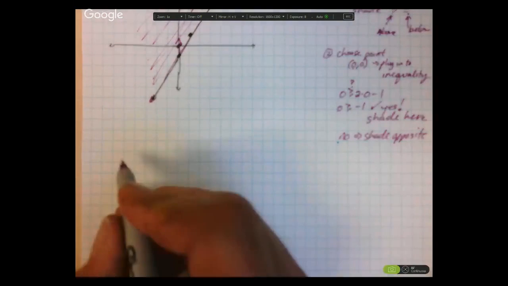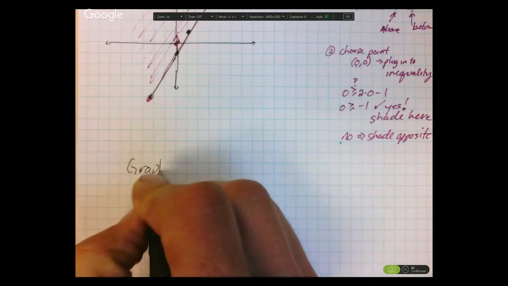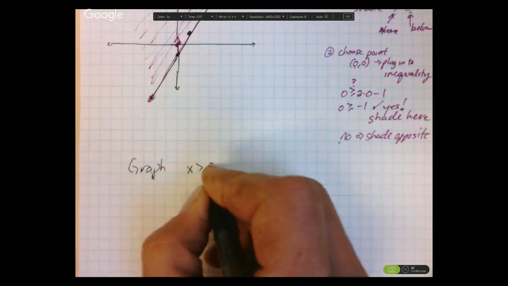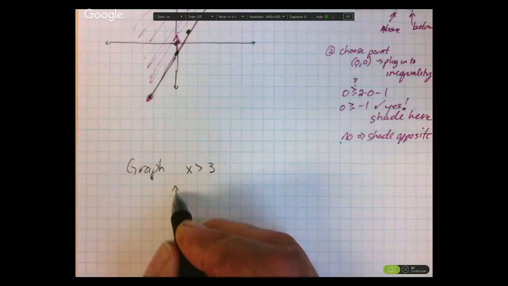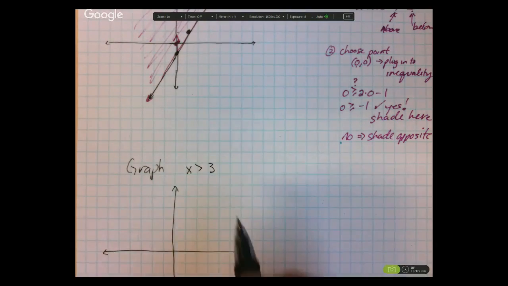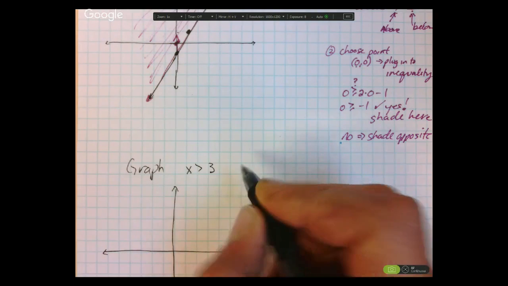Let's graph x is greater than 3. Remember, there's no y, so it's a vertical line.